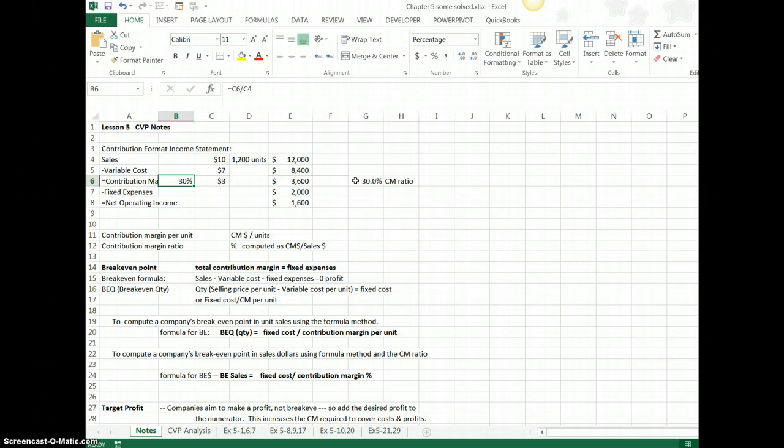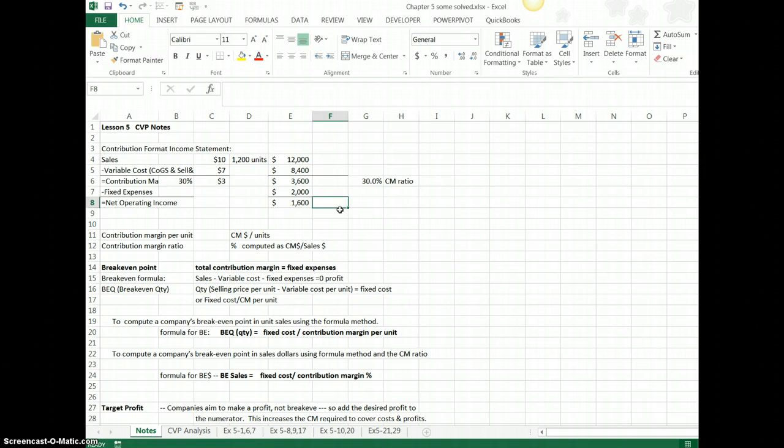So it doesn't matter whether you do it on total dollars or on a per unit basis. What's important is that you use all variable cost, and I'm going to put in parentheses here, the variable cost of goods sold and selling and admin. You need to include all of those costs in order to calculate contribution margin.